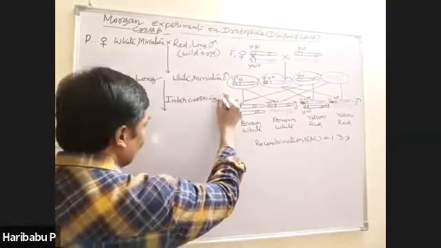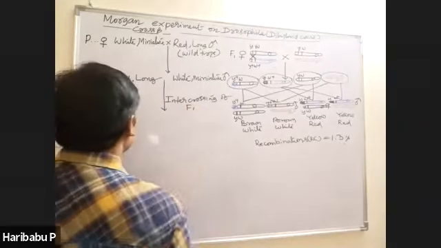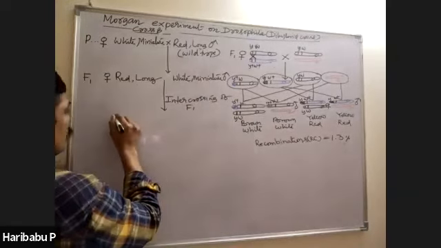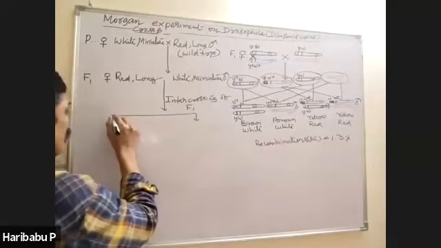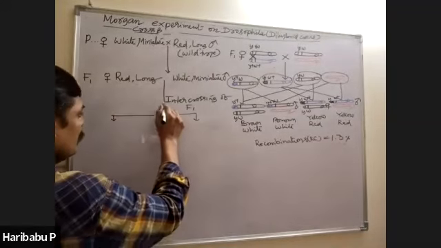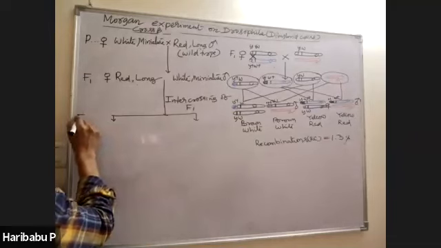Now, when the F1 are intercrossed, in the F2, both kinds were obtained. This is the F2 progeny.